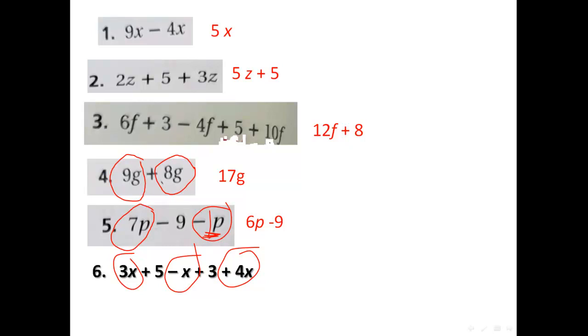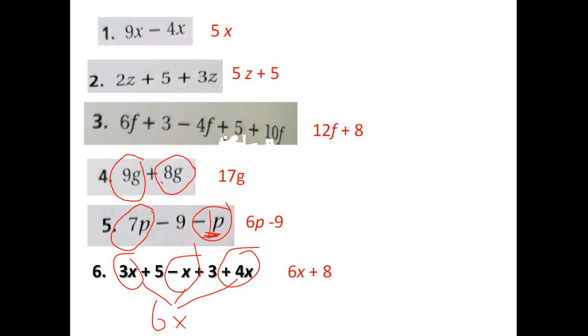So combine them. 3 minus 1, the 1 is not written, so 3 minus 1 equals 2, plus 4, it will be 6x. How about the other terms? We have 5 and we have 3. Here the 5 is positive and 3 is positive. 5 and 3 is 8. So it will be 6x plus 8.